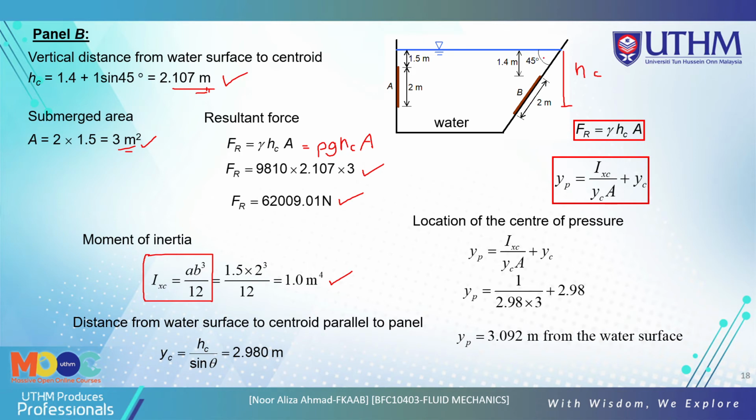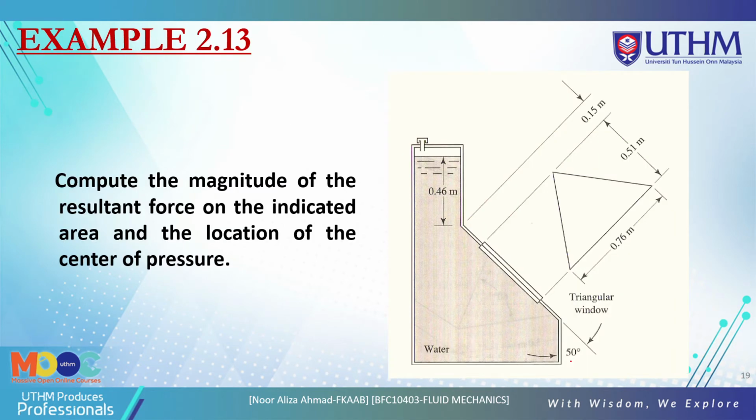YC is HC divided by sine theta, with theta 45, so you get 2.980. For the location of the center of pressure, put in the values until you get YP from the water surface. That's all for the solution of this example.